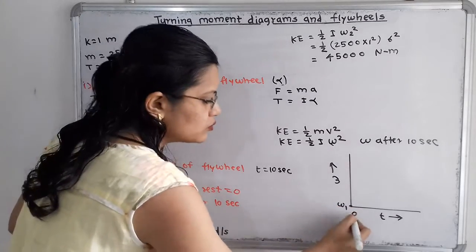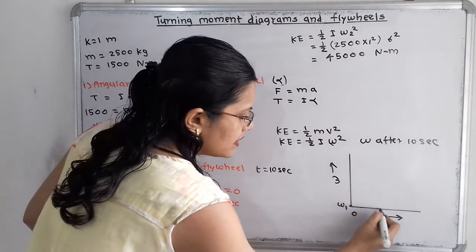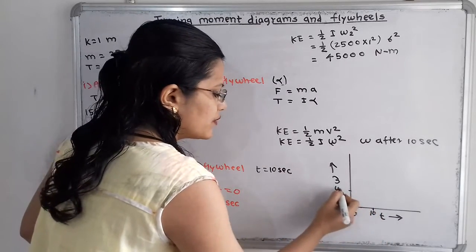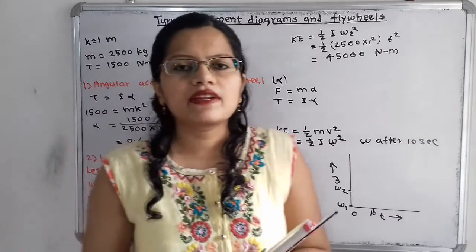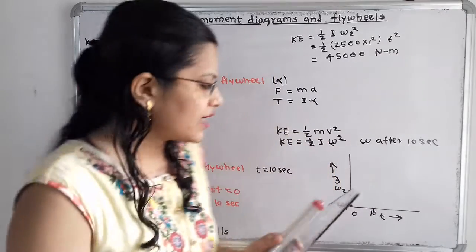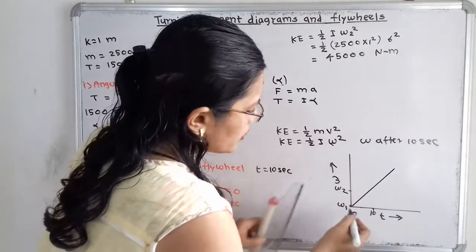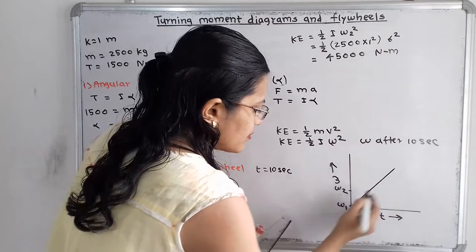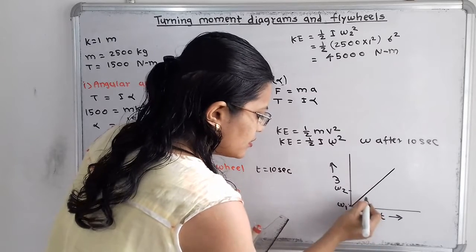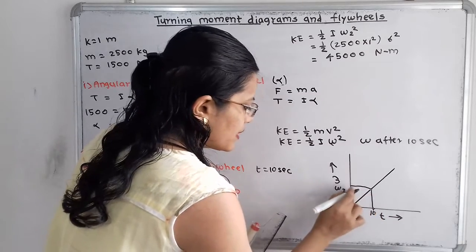And when t is equal to 10 seconds, omega is equal to omega 2. At the same time we will consider that the angular acceleration alpha remains constant. So for constant angular acceleration we draw one straight line. At 0 there is omega 1, and if I draw a vertical line after 10 seconds, then here will be omega 2.